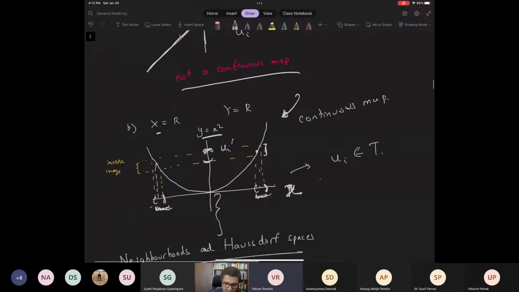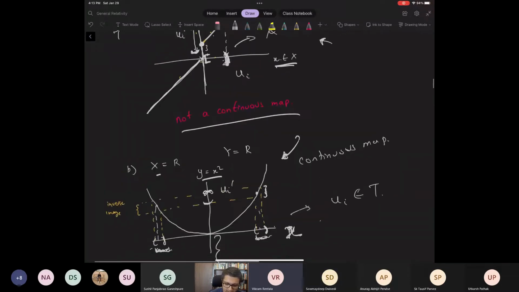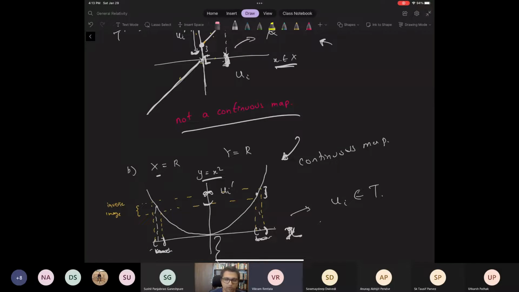Secondly, the map need not be one-to-one, which means that for a given value there may be multiple values, so the map itself is not invertible.